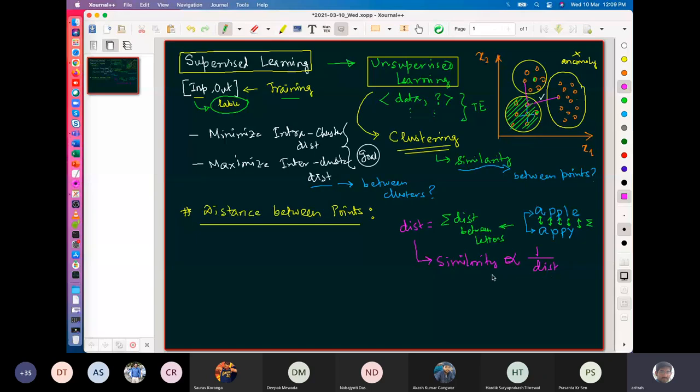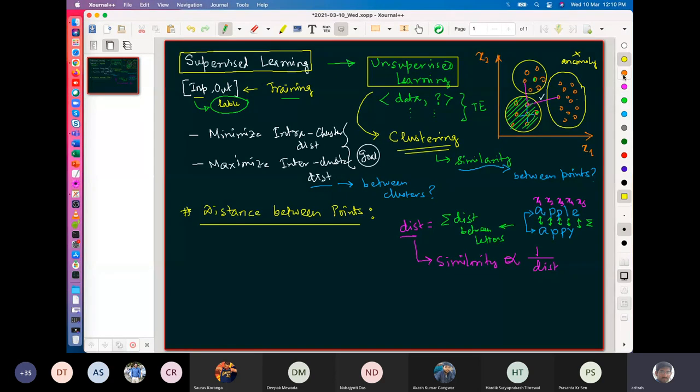The more the distance, the less they are similar, right? So this is one kind of example through which we can figure out that given 2 points with different attributes, suppose this is attribute x1, this is x2, this is x3, this is x4, this is x5, I can compute distance by a certain distance measure.